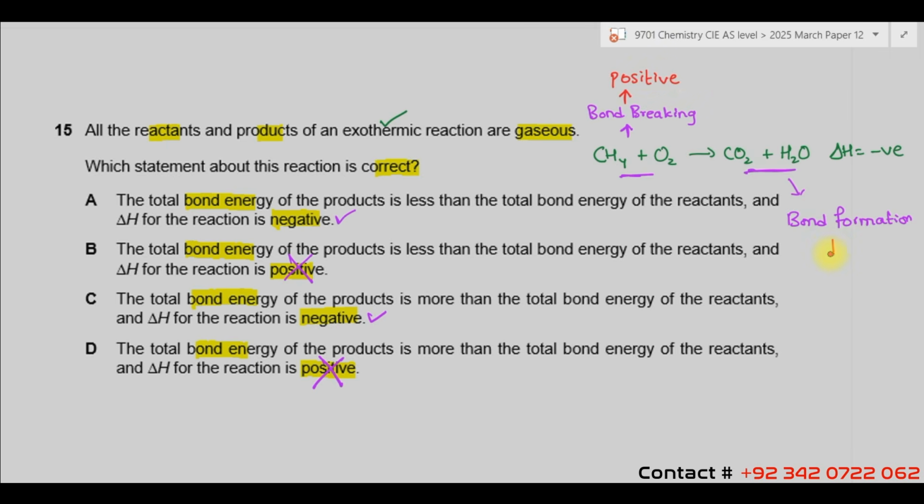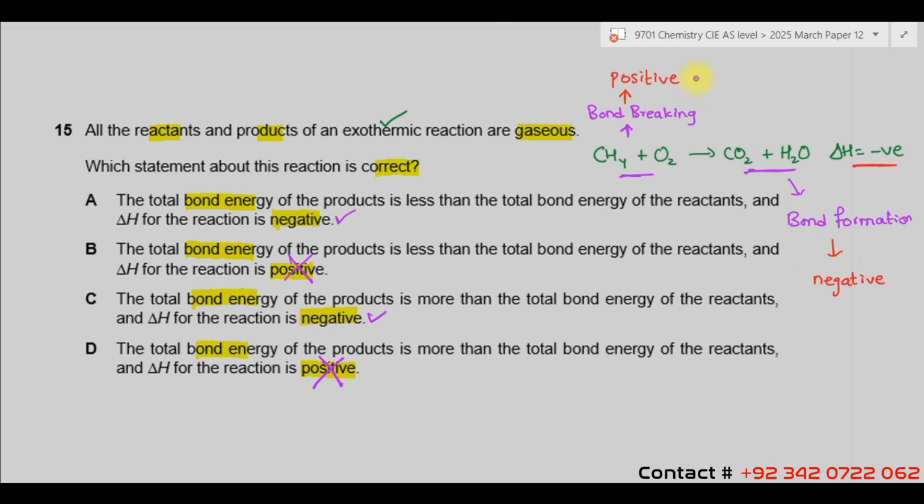In bond formation, bonds are formed, so enthalpy change is always negative. Energy is always released when a bond is formed. So overall, the reaction is negative. It means the sum of these two is minus. The sum can be minus only if one value is less and one is greater.